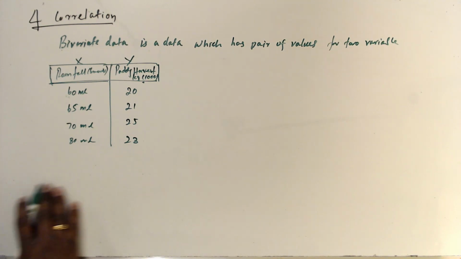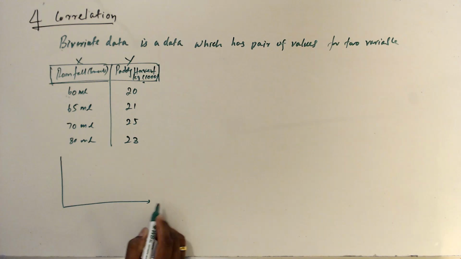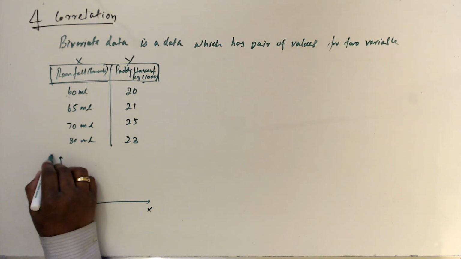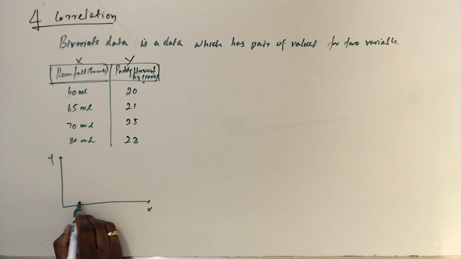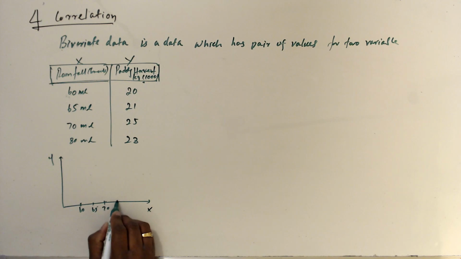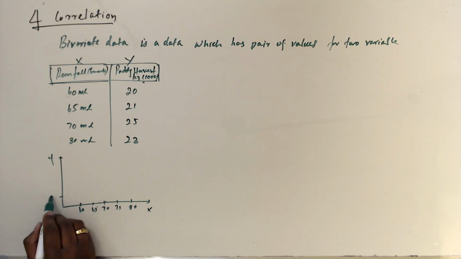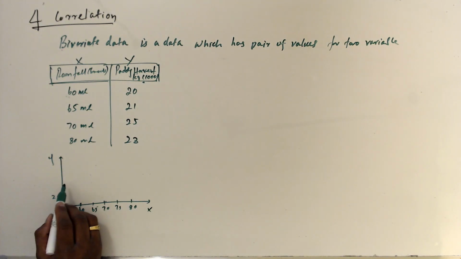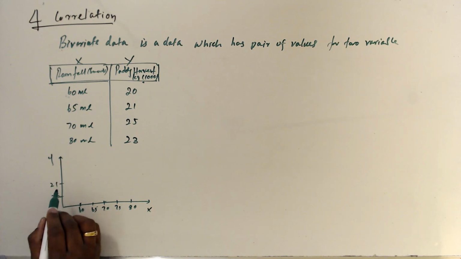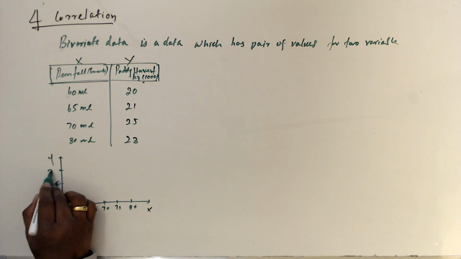If I need to represent this data in a scatter diagram, this is going to be x and this is going to be y. I am marking 60, 65, 70, 75, 80, and then 20, 21, 25, 30.